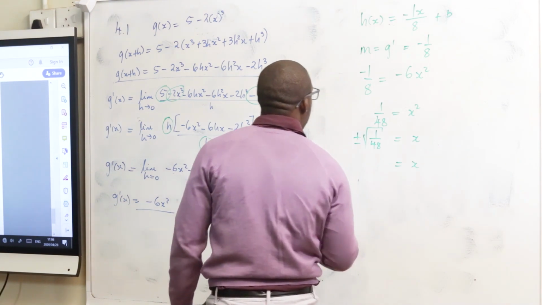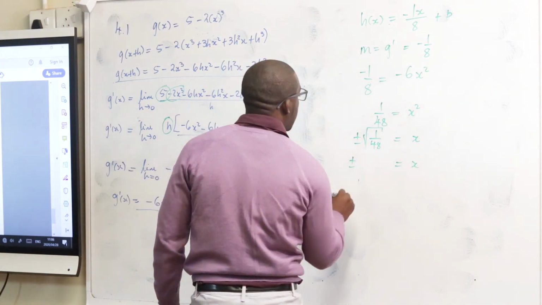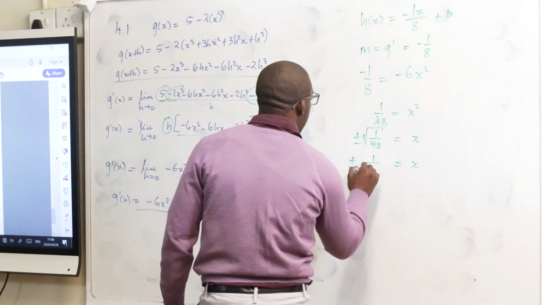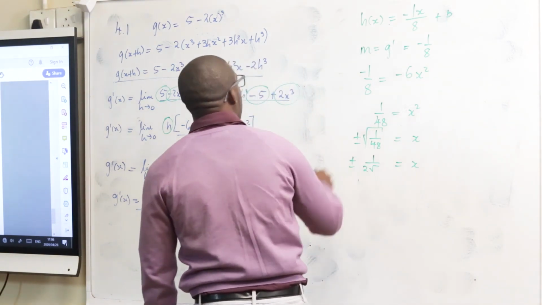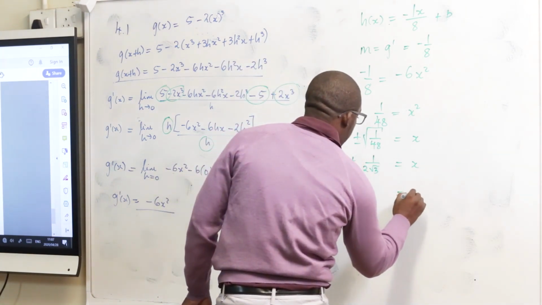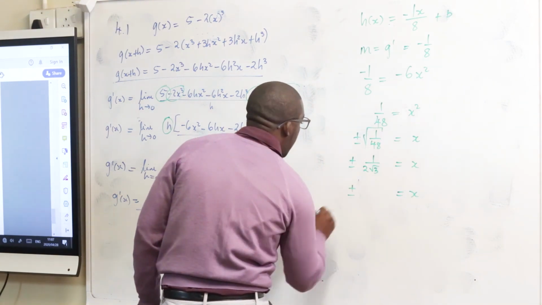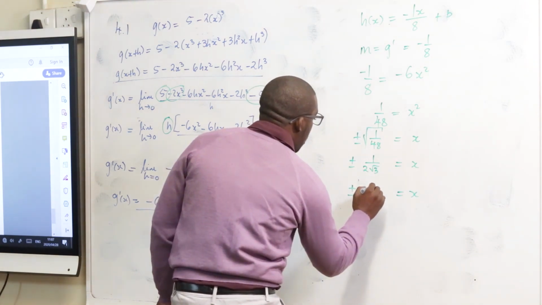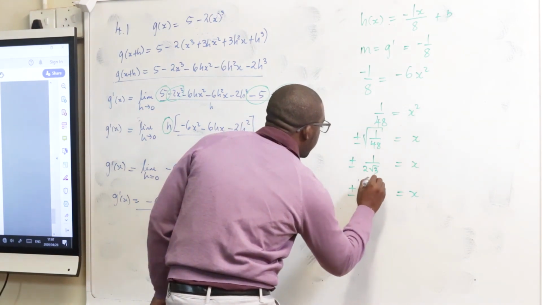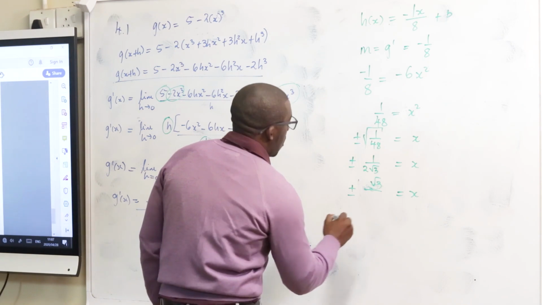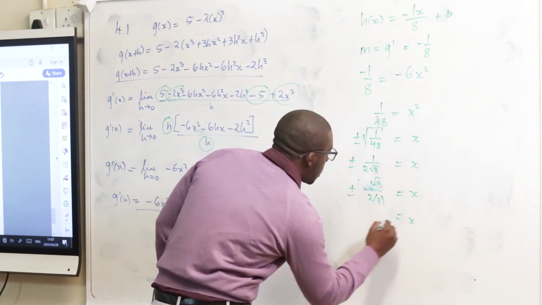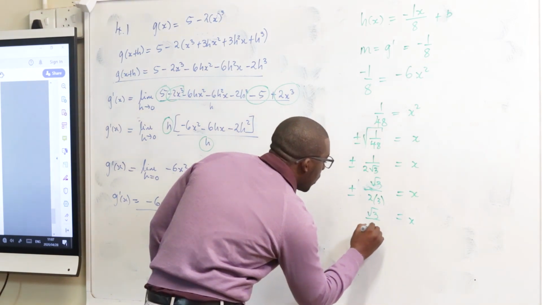This means x is equals to plus minus 1 over 2 root 3. Which ends up being x is equals to plus minus 1 root 3 over 2 times 3, which is x is equals to plus minus root 3 over 6.